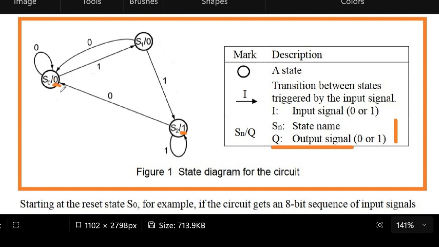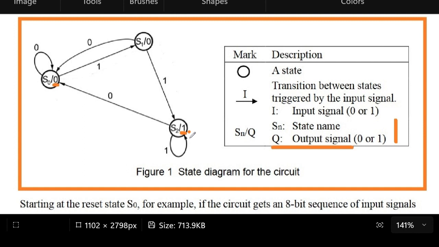If our input is 1, then we go to state 1 where the output is 0. Now, if we're starting from S2, state 2, and the input is 0, then the final state would be 0, where the output is 0.